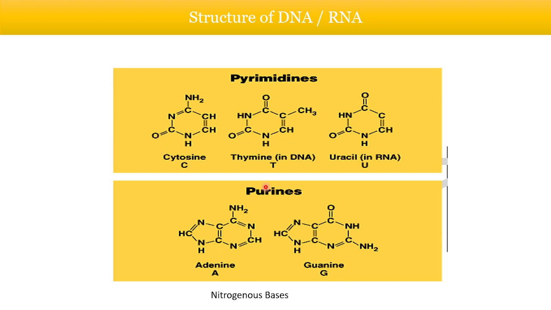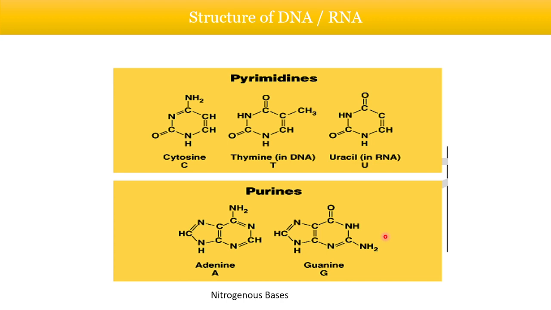This oxygen will form a hydrogen bond with this hydrogen, this NH2 hydrogen bond forms with this oxygen, and this N forms a hydrogen bond with this hydrogen. So there are three hydrogen bonds. In this manner, you can tell how many hydrogen bonds are formed and which groups are involved in forming them.